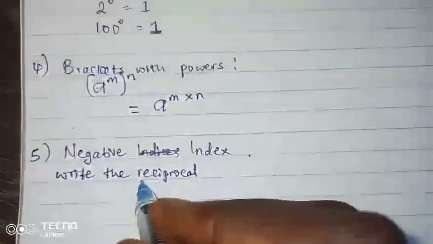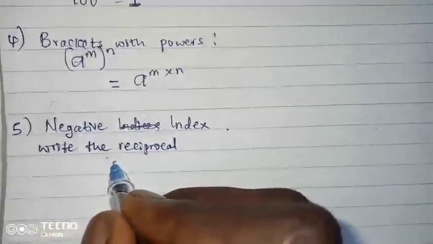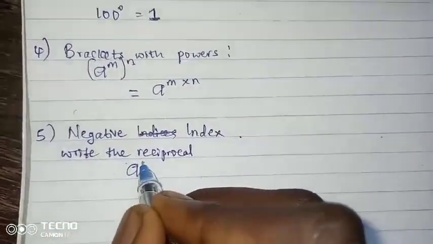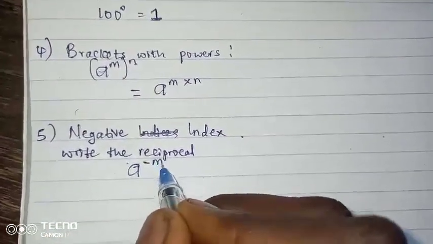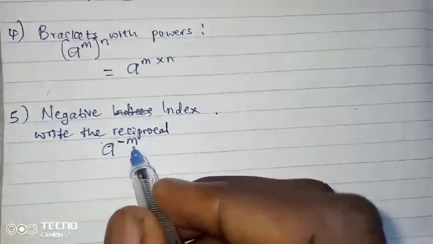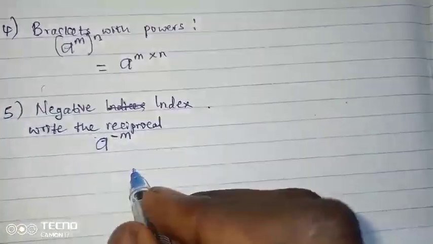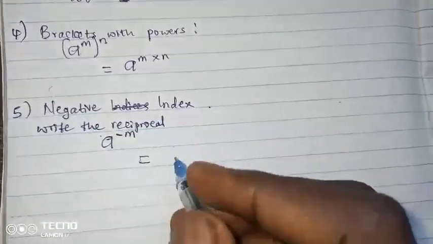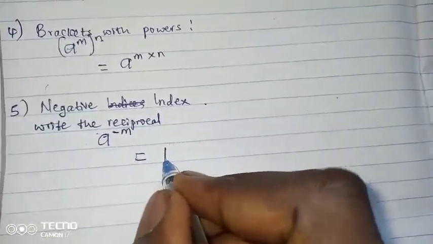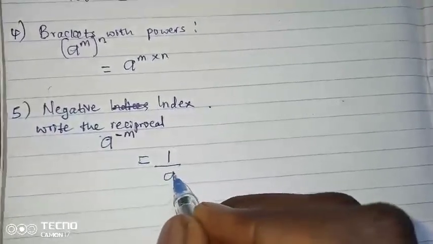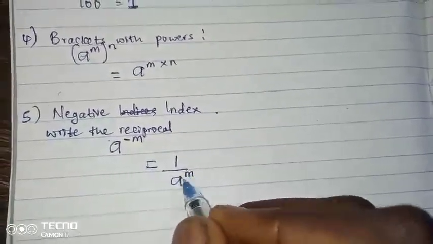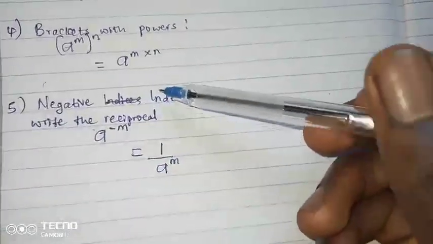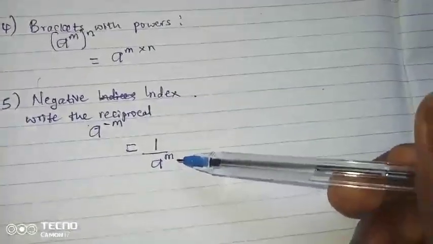So if we have a to the power of minus m, you see that this is a negative index. So what we do is write the reciprocal, which is 1 over a to the power of m. By writing the reciprocal, you have changed the index from negative to positive.